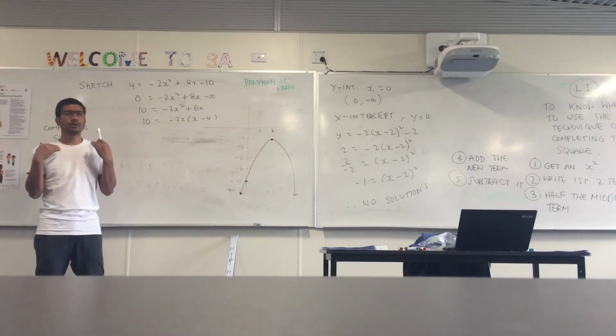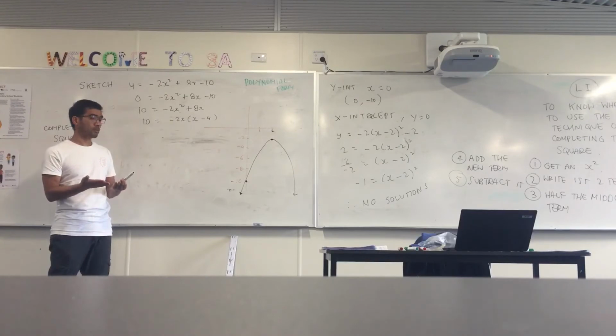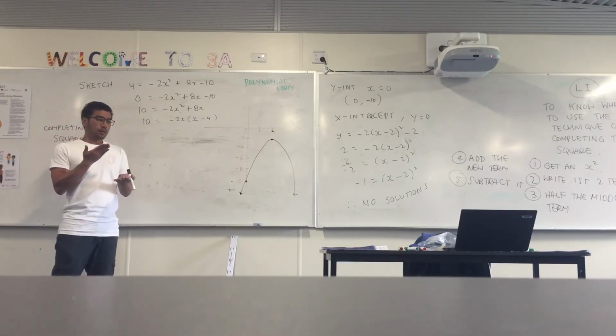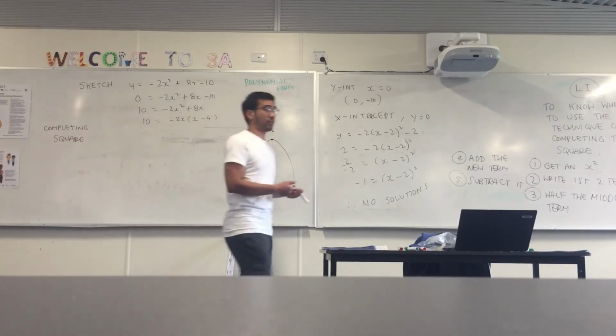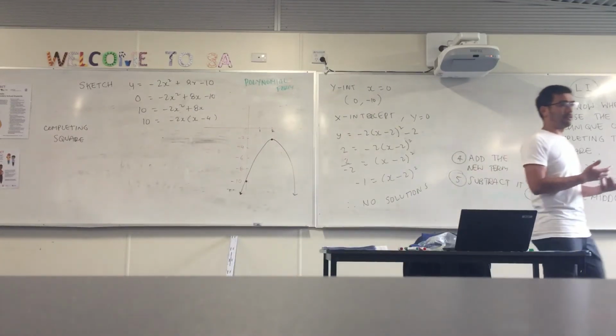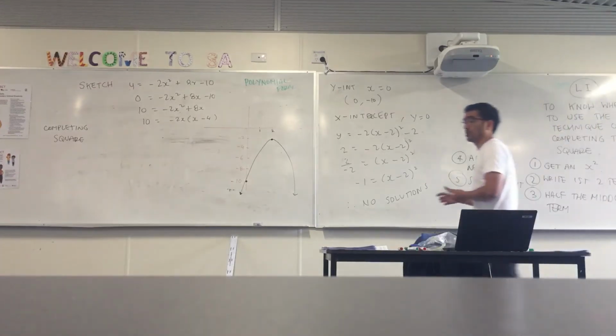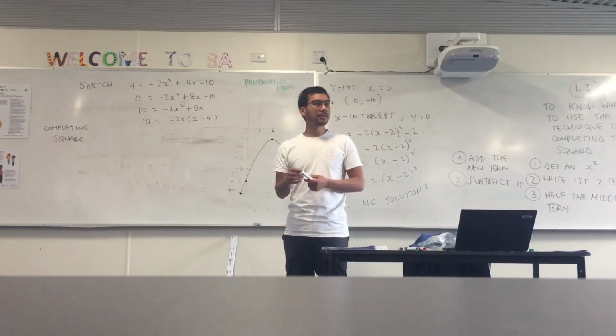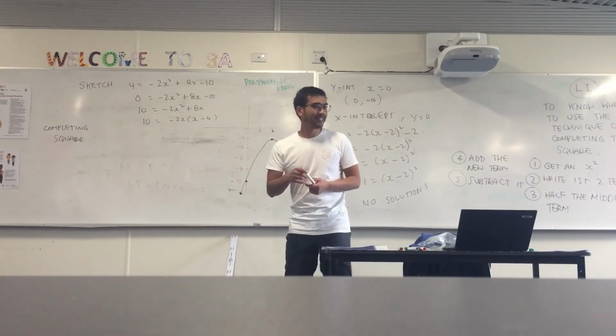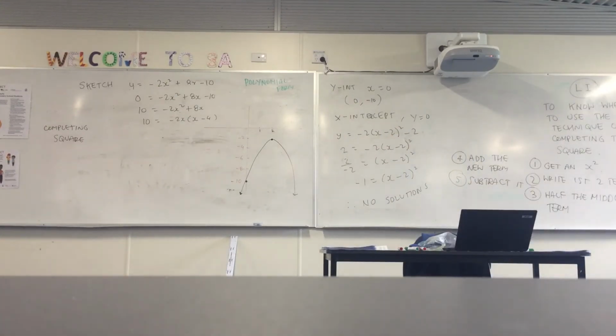Okay. Now, you need to know completing the square because you'll get tested on that. So Sia, how did you do yours the quick way? I can't see that. Can you just look at my notebook?